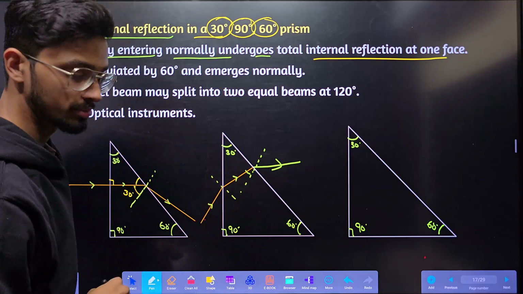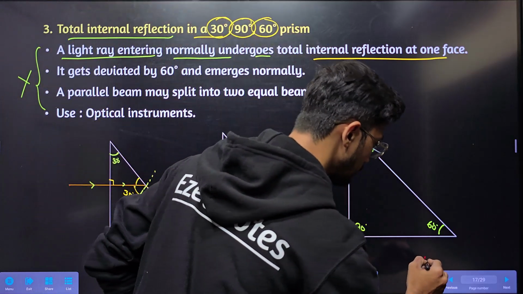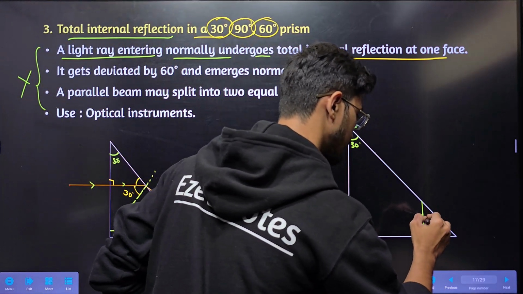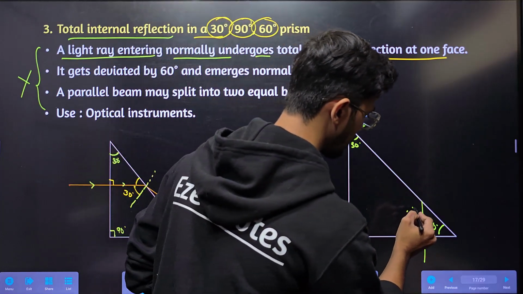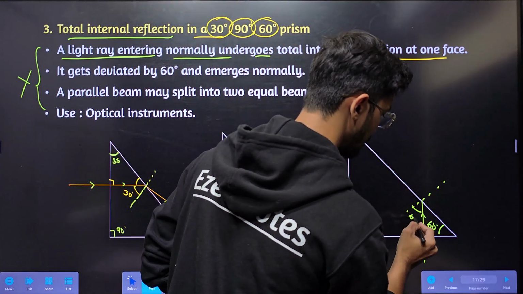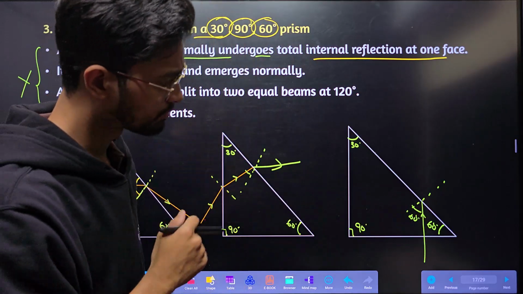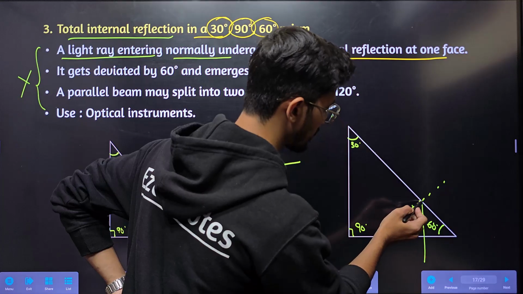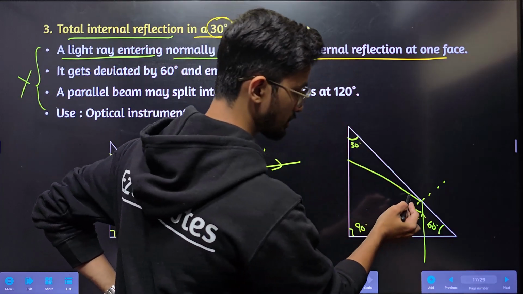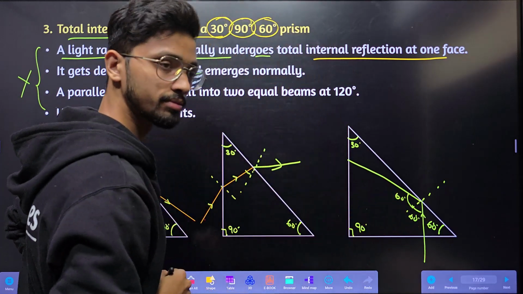Okay, like this. Now, here, if it comes like this, this is normal. This angle will be 60 degrees, right? Because this is 30, this will be 60. Now, it will get totally internally reflected like this, by an angle of 60 degrees.